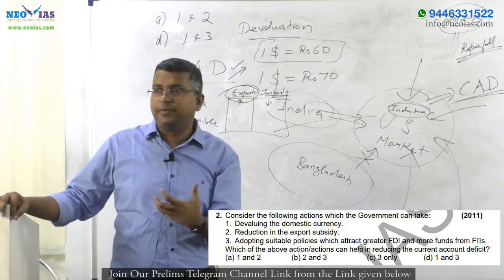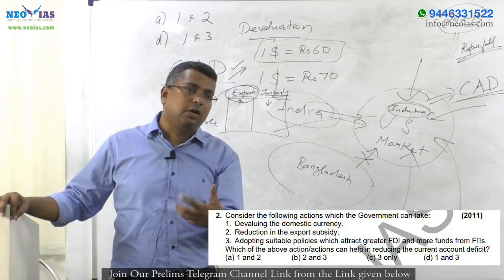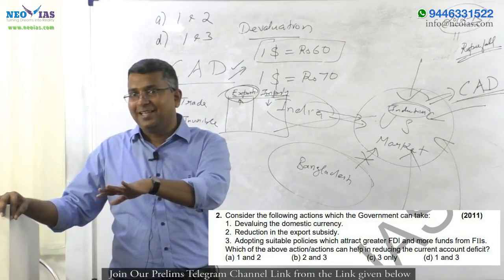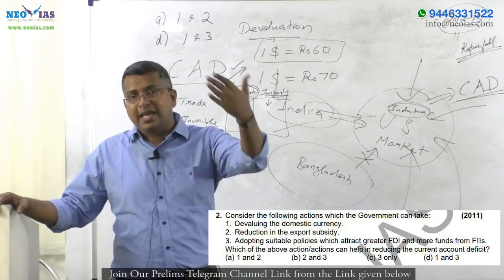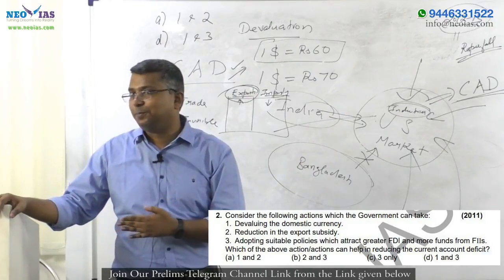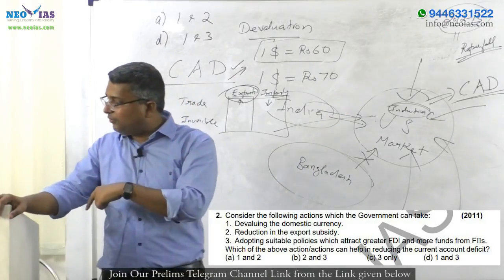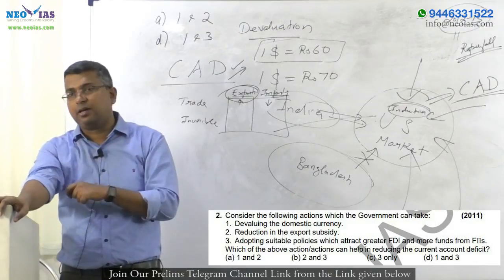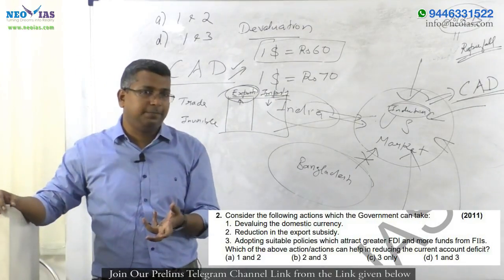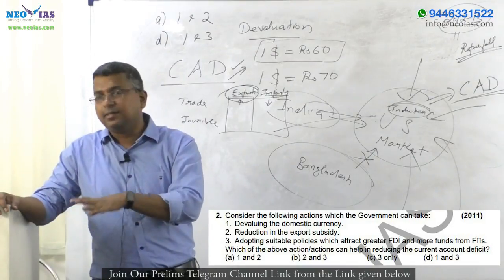How is our current account deficit being managed? Through the capital account. We have bridged the current account deficit through capital account inflow. So instead of using the word reducing the current account deficit, they should have used the words how you can bridge the current account deficit. And in that sense, 1 and 3.